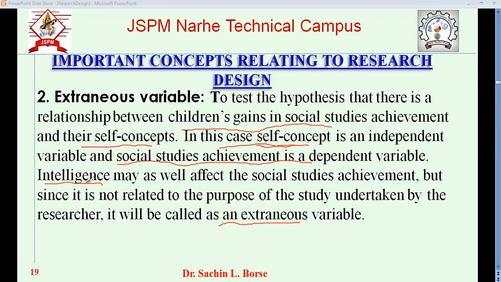If intelligence is high, he will have faster social studies achievement, but if the intelligence is less, the person will be slower to achieve in social science. Then we can say the intelligence is an extraneous parameter. I will give one more example here.